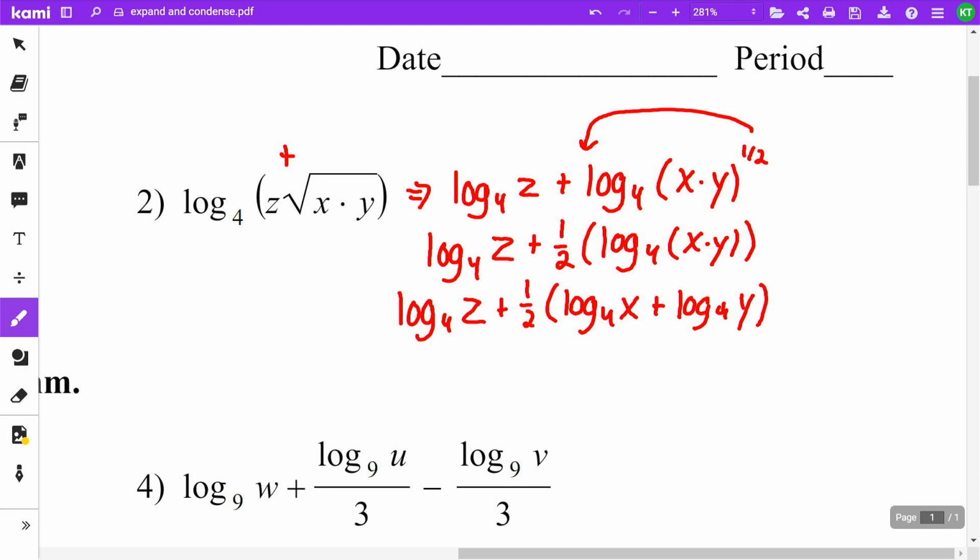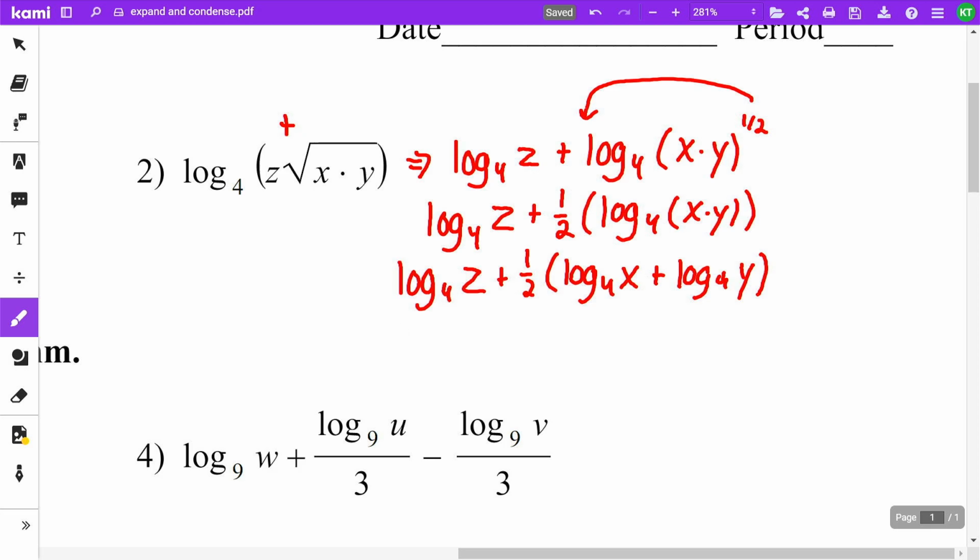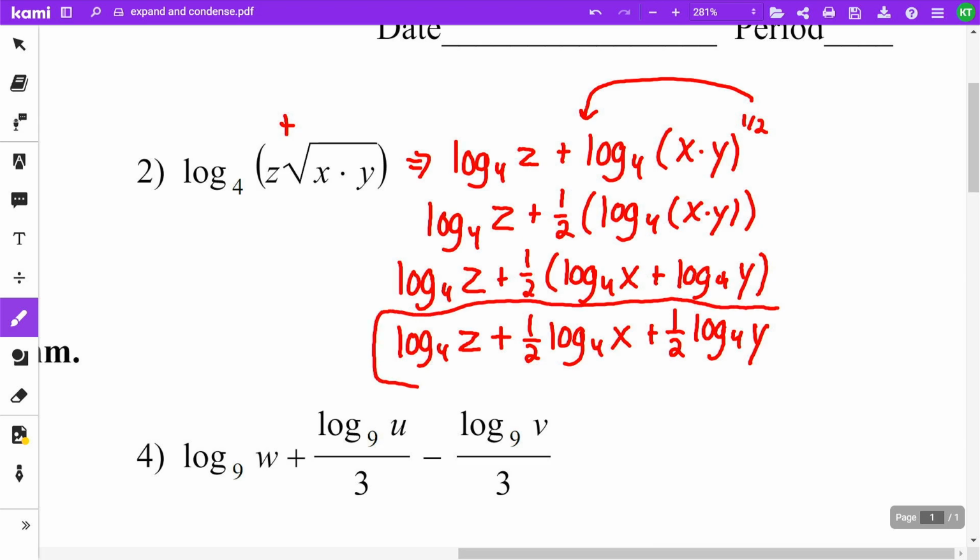And then finally, I'm going to redistribute this 1/2 back in to get the final answer of log base 4 of z plus 1/2 log base 4 of x plus 1/2 of log base 4 of y. And so again, this right here would therefore be my final answer with everything all expanded.